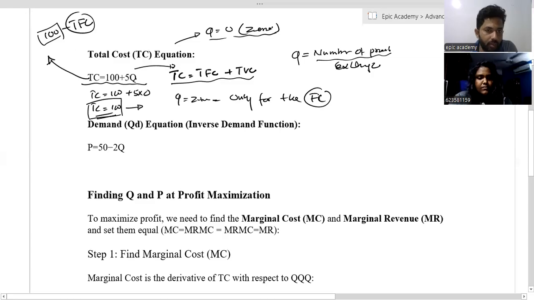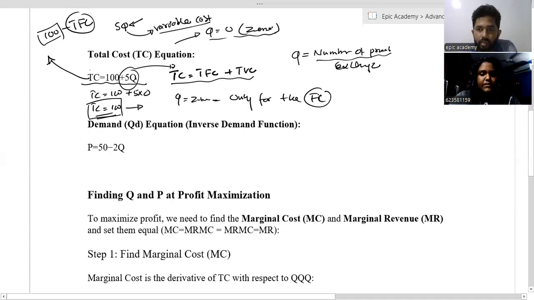And what about this 5Q? According to the change in Q, I mean number of production, number of selling, the value of this can be changed. Definitely, it must be a variable cost. Isn't it?